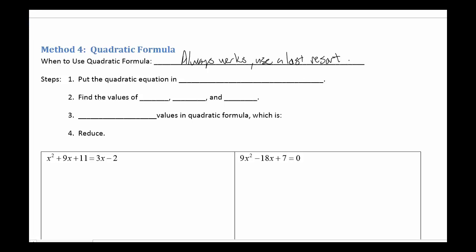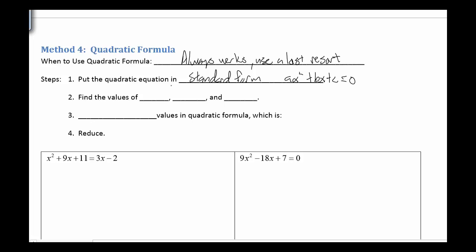Now, as far as the steps involved, we want to put it into standard form. And just a reminder, that's ax squared plus bx plus c equals 0.